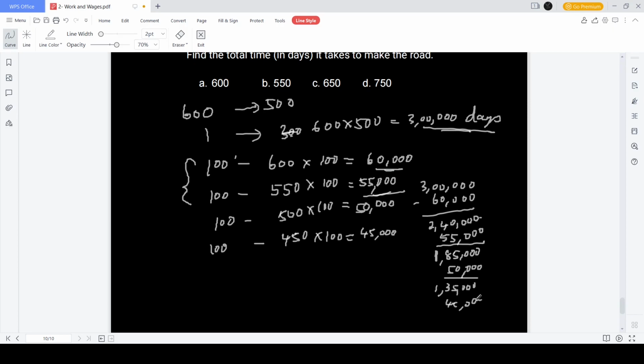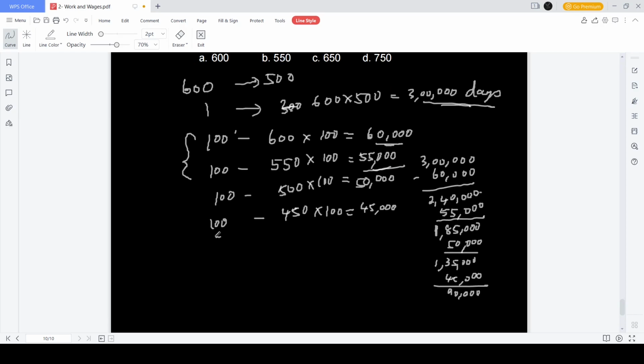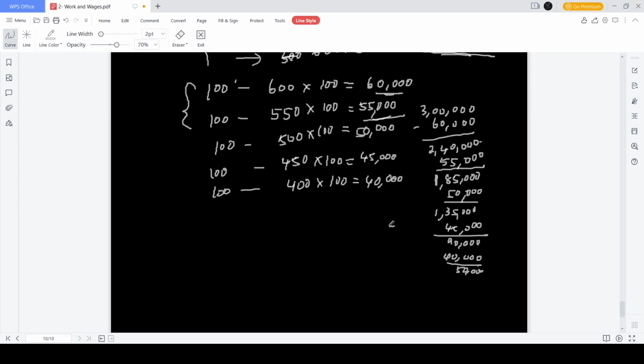You subtract that here again, you are left with 90,000 units of work. Again in the next 100 days, there are only 400 men working into 100, which is 40,000. So subtract this, you get 50,000 units of work remaining.